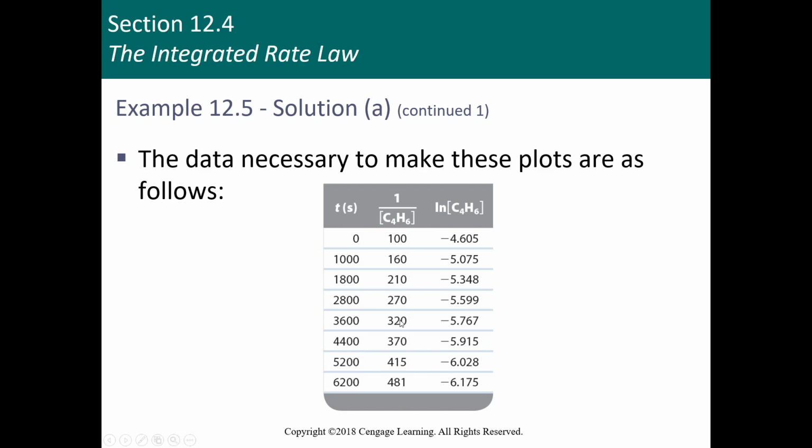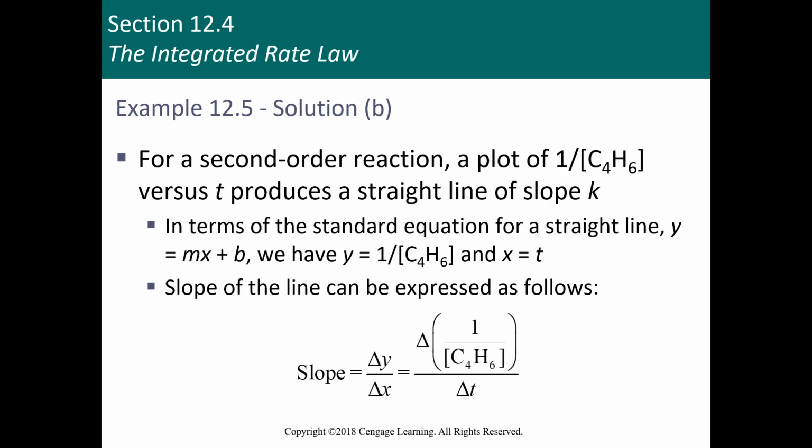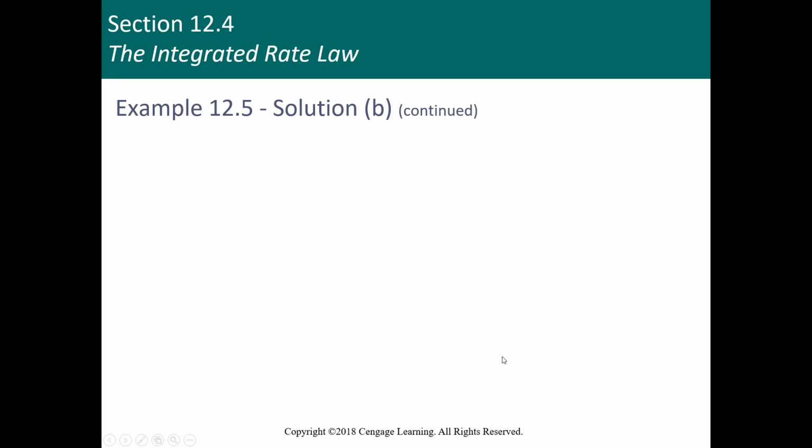This one right here is the values we're looking at. That's our second order. All we have to do is take the difference in these times and the difference in these concentrations right here. So this would be the difference here divided by the difference here, and that will give us this right here, which is our slope, or the same as K.